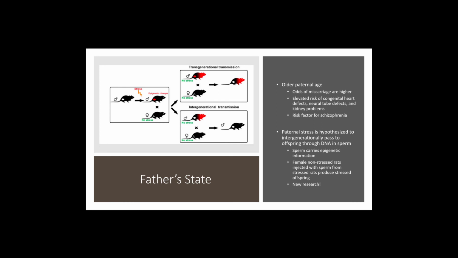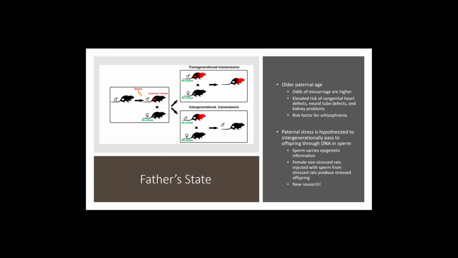Paternal stress is hypothesized to be intergenerationally passed on to offspring through DNA in the sperm. Sperm carries epigenetic information. Female non-stressed rats injected with sperm from stressed rats produce stressed offspring. So the idea here is that imagine a non-stressed out female rat, and a very stressed out male rat.